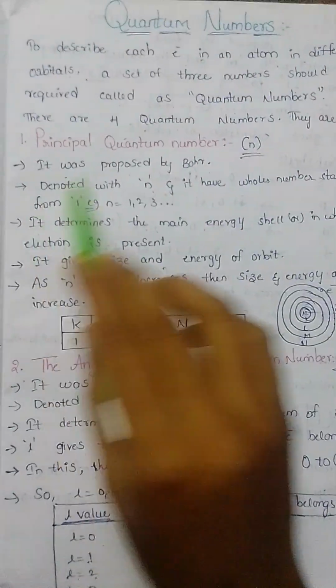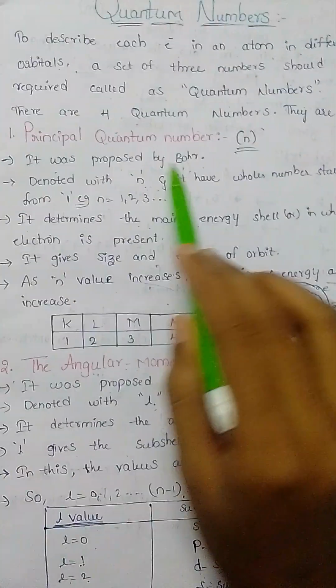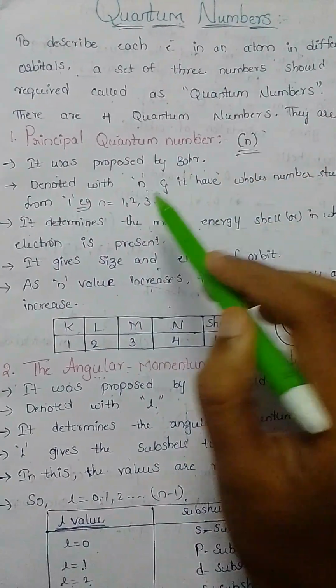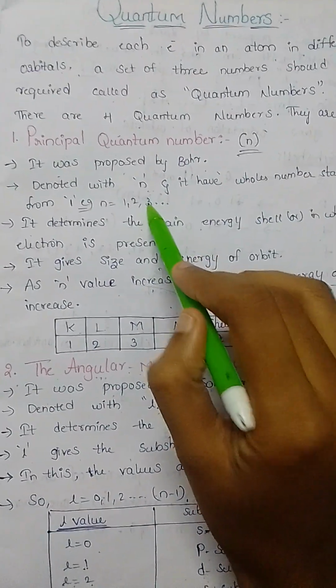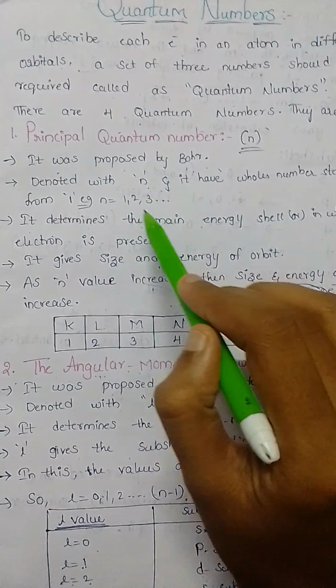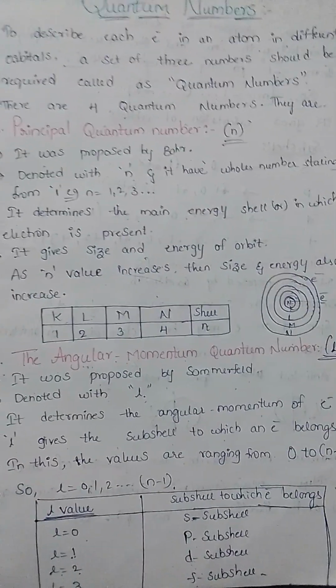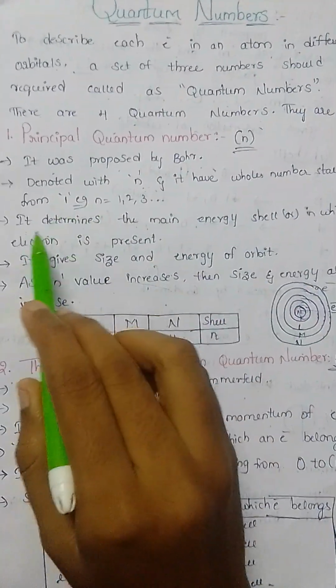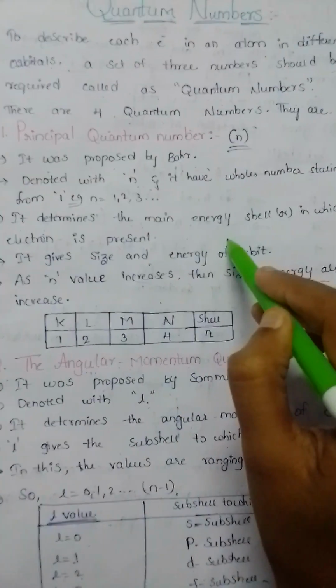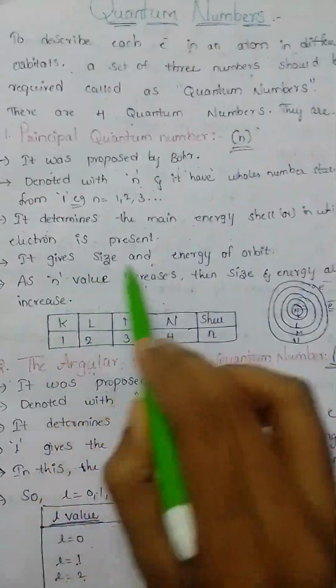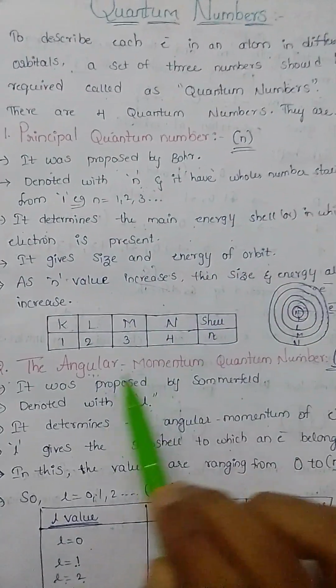The first one is the principal quantum number. It was proposed by Bohr and is denoted with the letter small n, and the n value starts from 1 and so on. It determines the main energy shell, and it gives the size and energy of an orbit.